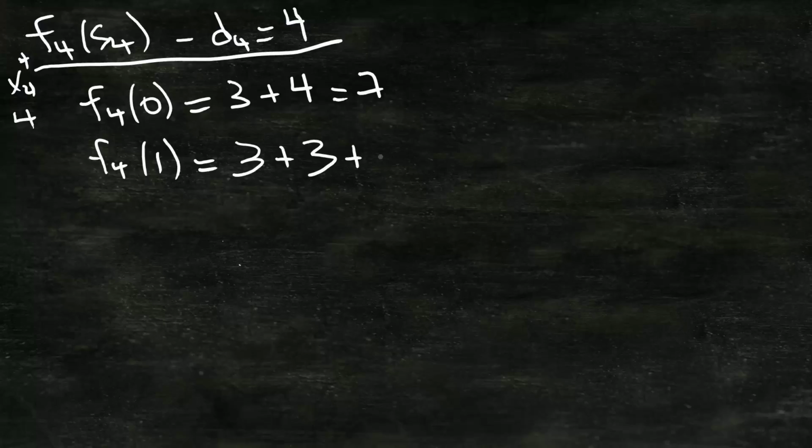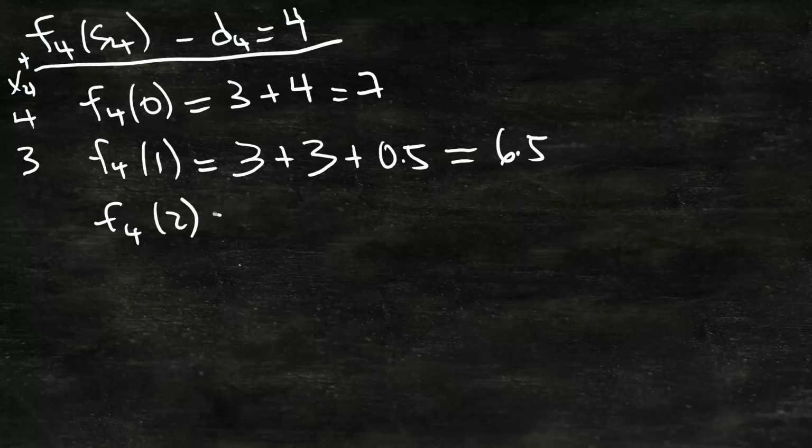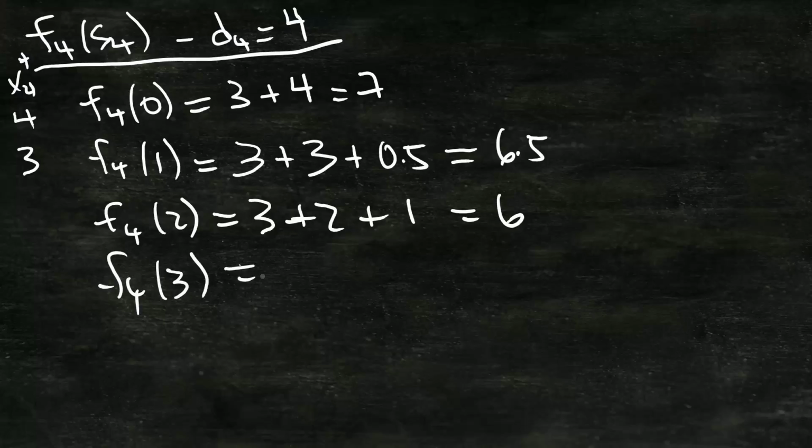We'll have to pay 0.5 for the inventory, and that's it. So we'll have 6.5, and the optimum will be to produce 3. Same thing if we have 2, it'll be 3 plus 2 plus 1. If we have 3, we'll still have to produce 1 plus 1.5, so 5.5.